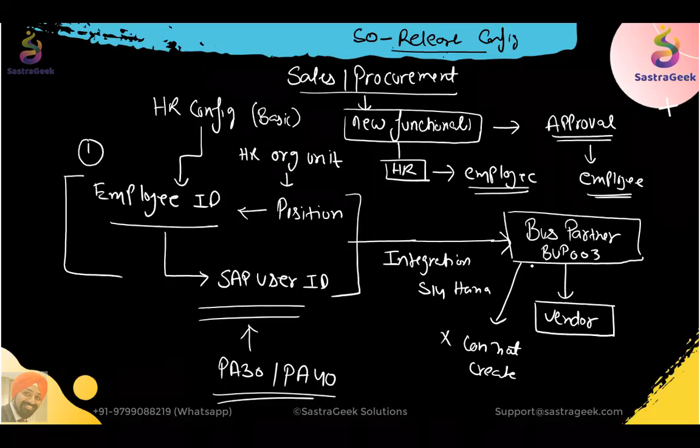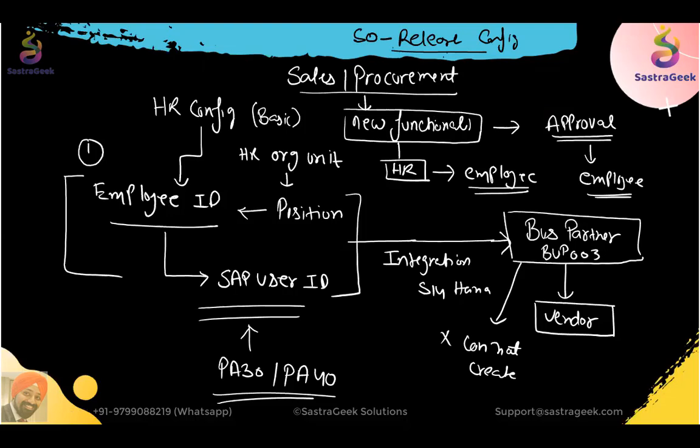You would be able to see that your user IDs are available and you can assign them for the approval processes. So first we are going to set this up. First we need to do our HR configuration, which will also be required.